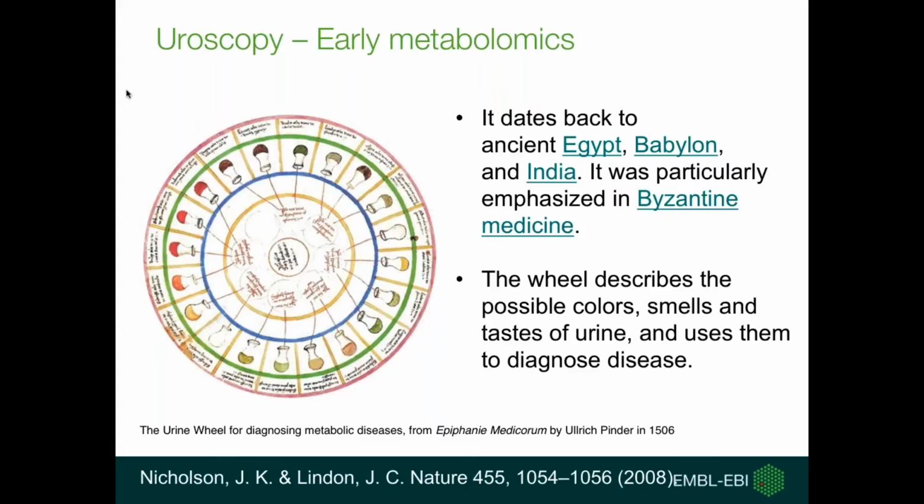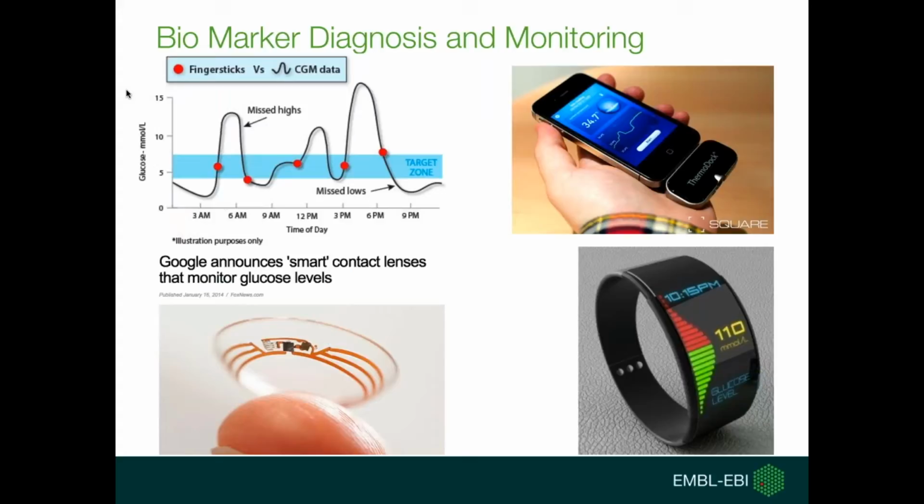And then they tried to put some sort of meaning on it. So with a certain color, if the urine was red, they might have certain symptoms related to the disease. So they started to profile based on urine. As you can see, urine profiling for metabolomics is as a concept not new, it's an ancient system.